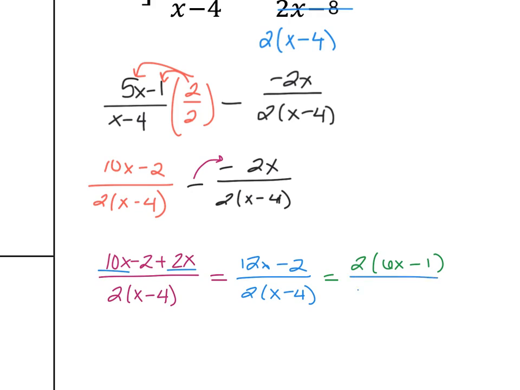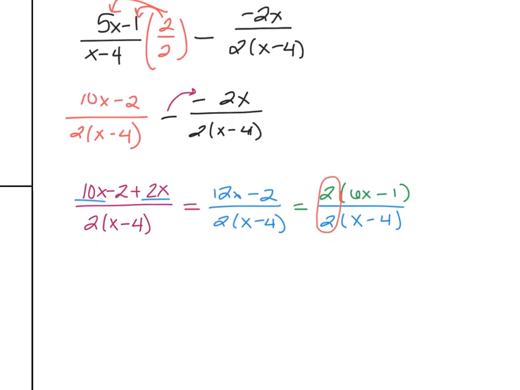My denominator is already in factored form, so I don't have to mess with that one anymore. But now you can see that I have a 2 over a 2. We know that anything over itself simplifies into a 1, so this is just extra information that we don't need. So your final simplified version of this is 6x minus 1 over x minus 4.